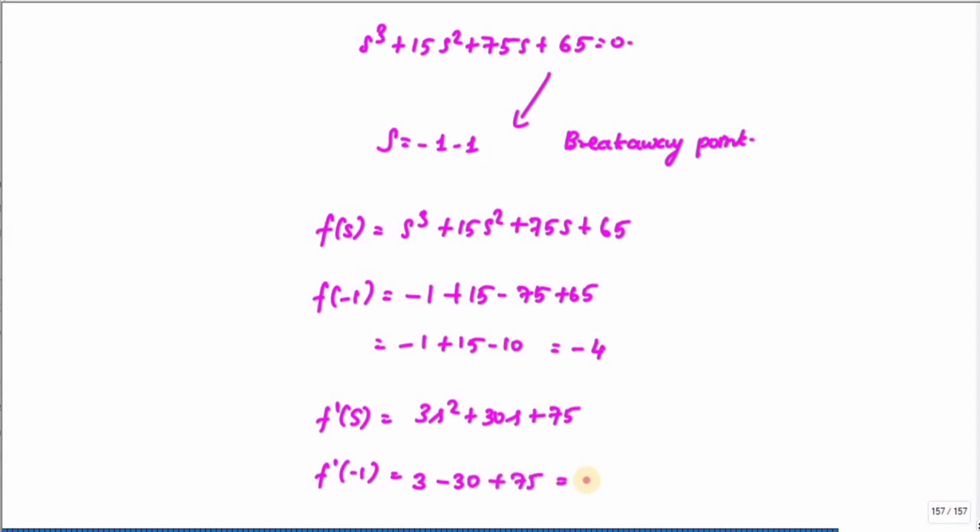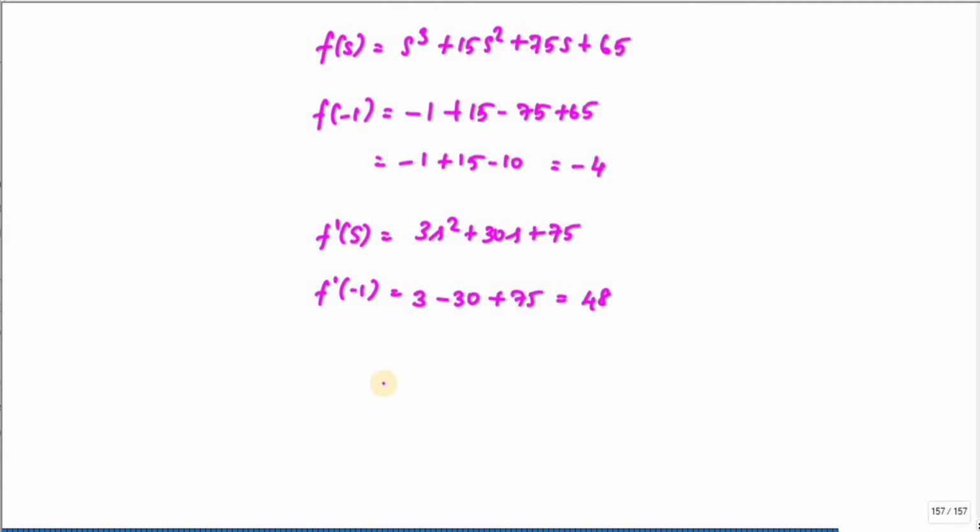So I'm going to take minus 1 minus f of minus 1 divided by f dash of minus 1. The initial value of f of minus 1 is minus 4, and f dash of minus 1 is 48. So on solving, I will get minus 1 minus (minus 4) divided by 48.